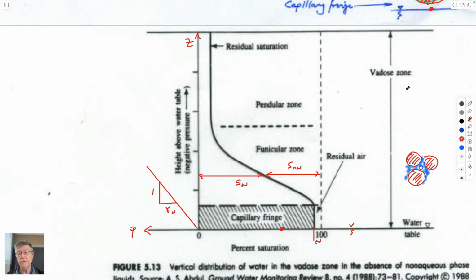The corresponding pendular saturation is the grains that contact each other. See if I can draw that. Those are each covered by a monomolecular layer of water.